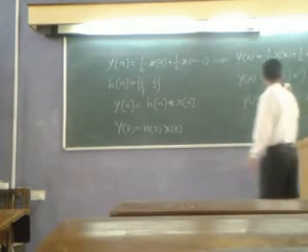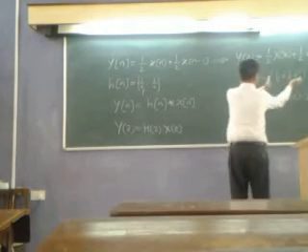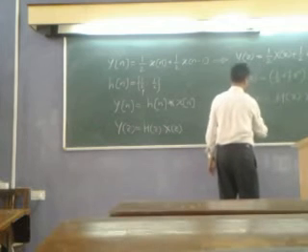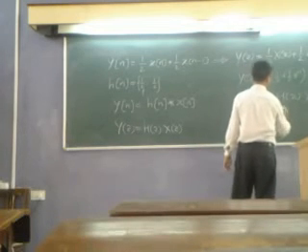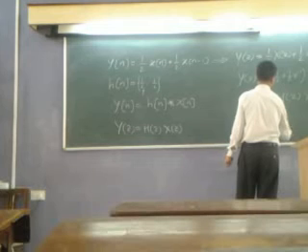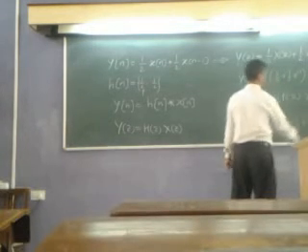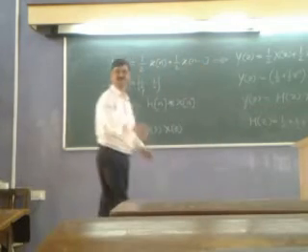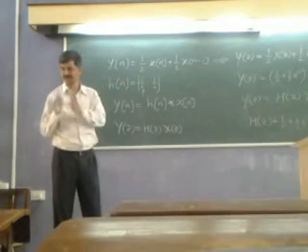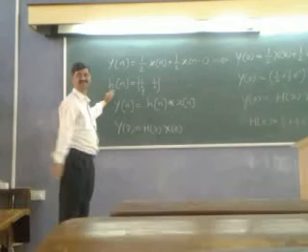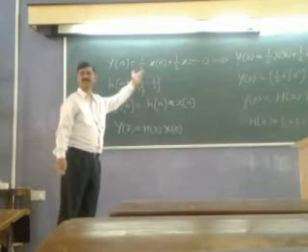What is Hz now? Hz is very simple: half plus half z inverse. I will find the transform of hn. So this is going to confirm what hn is: half. Find the transform.